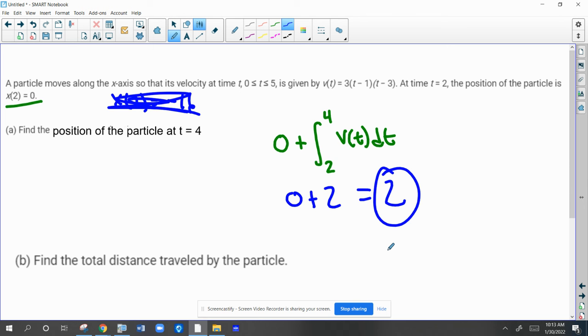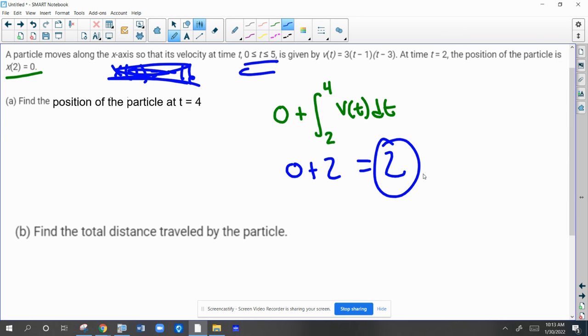including changes in direction. So what does that is the integral of the absolute value of the velocity. Now, it doesn't give us any time intervals on this question, but it does tell us up here that we're going from t equals 0 to 5. So what I'm going to do is just integrate the absolute value of the velocity, or the speed, from 0 to 5.